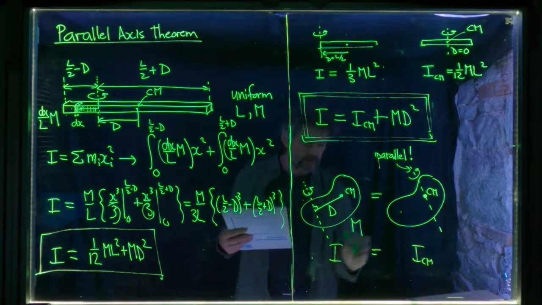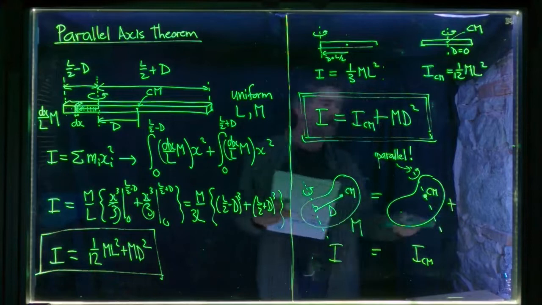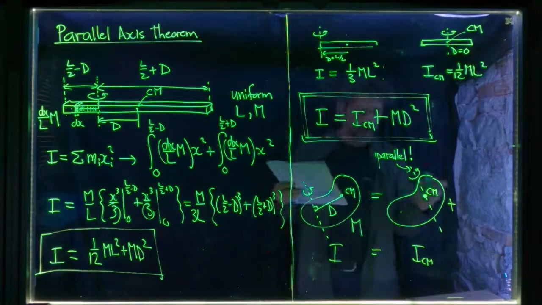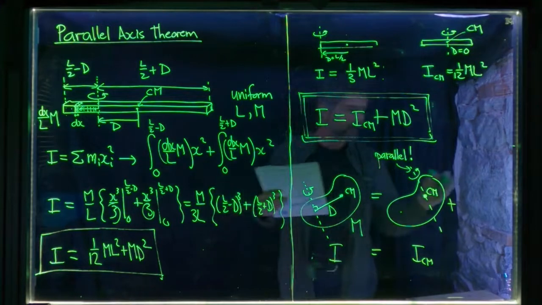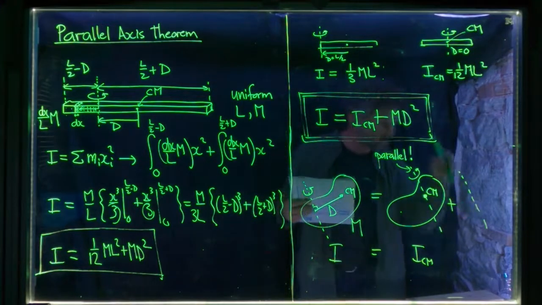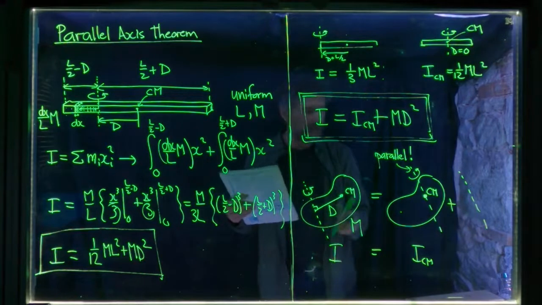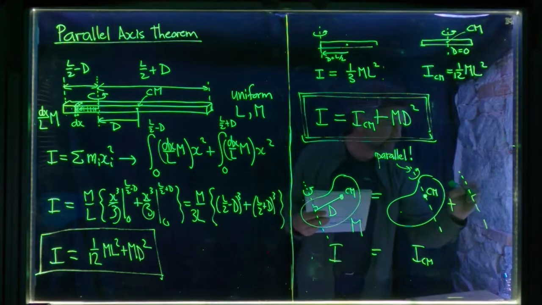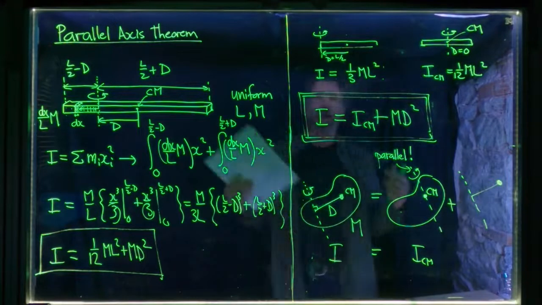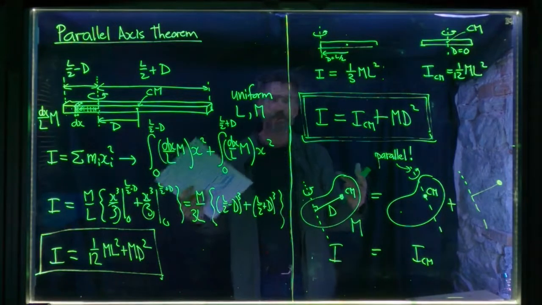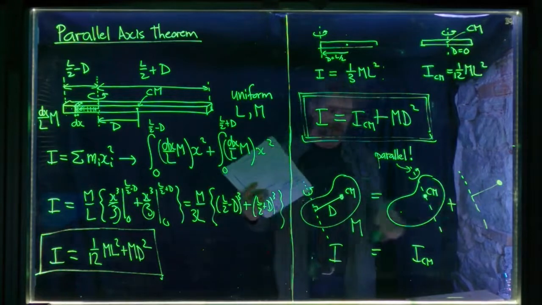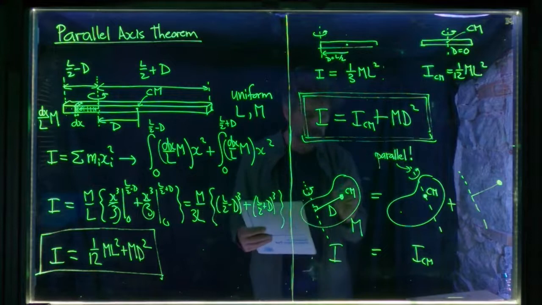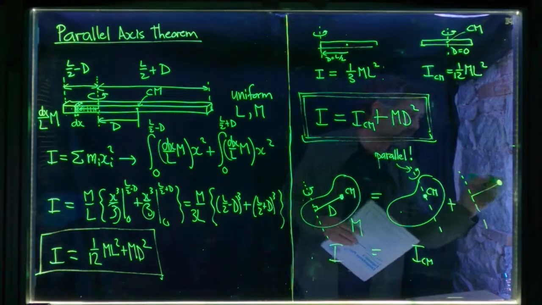So I is equal to I_CM plus, now there's this additional term that's interesting. Given this original axis of rotation, we imagine our elemental rigid body, which means a point mass, in this case equal to as if all of the mass of the object were concentrated at a single point, the center of mass point.